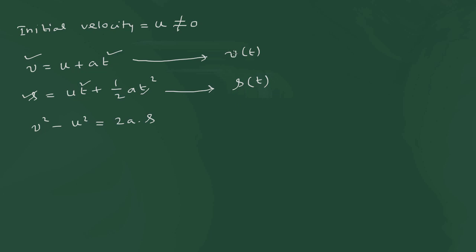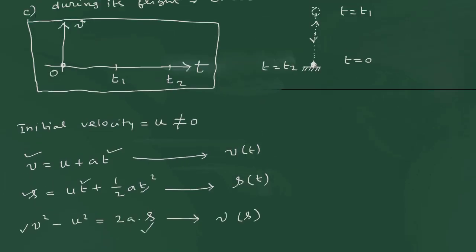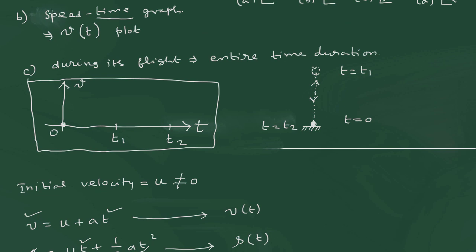V is the velocity, which is the speed. And if you use this equation, I can plot V as a function of S, because V is here and S is here. So now you have to choose which equation is most suitable for a given problem. Our given problem clearly tells you to calculate the speed time graph.